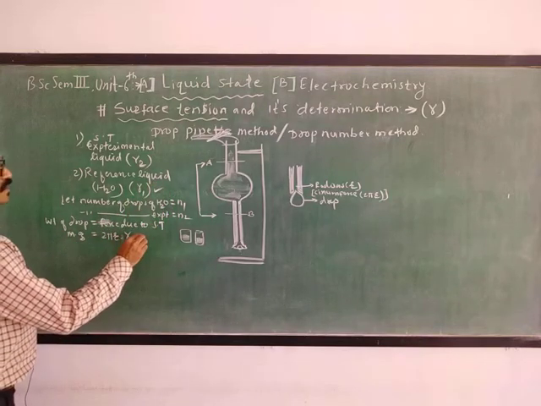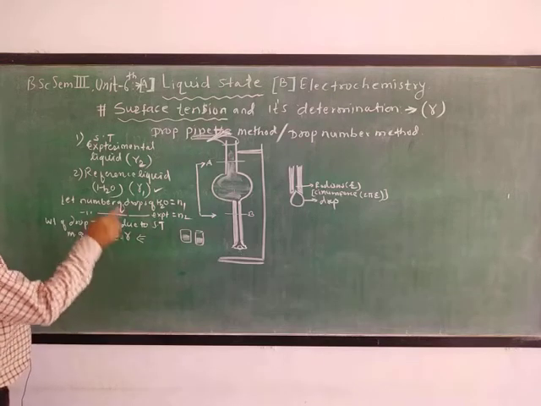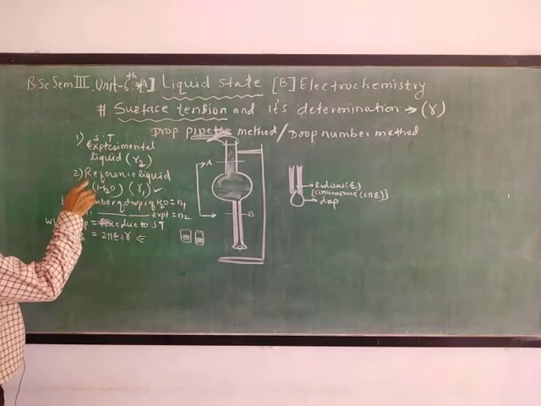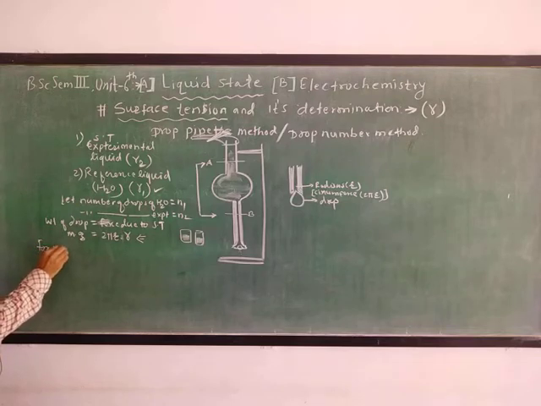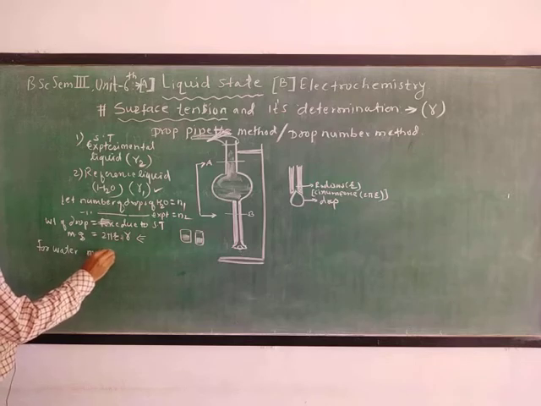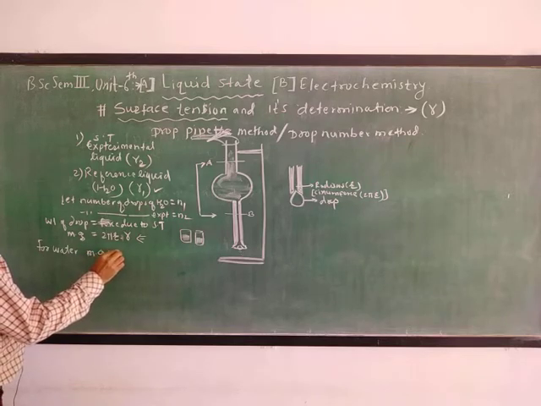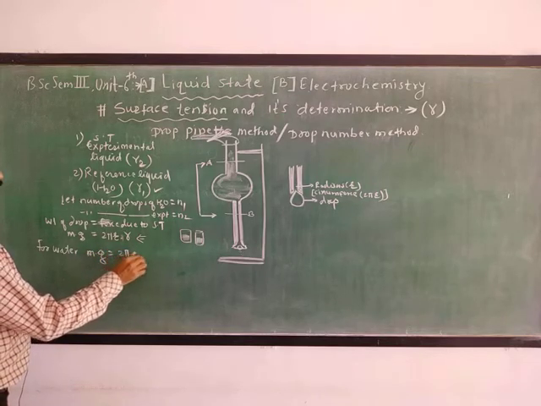Now apply this formula for both the experimental liquid as well as for water. For water, this formula becomes m g equals 2 pi r gamma 1.